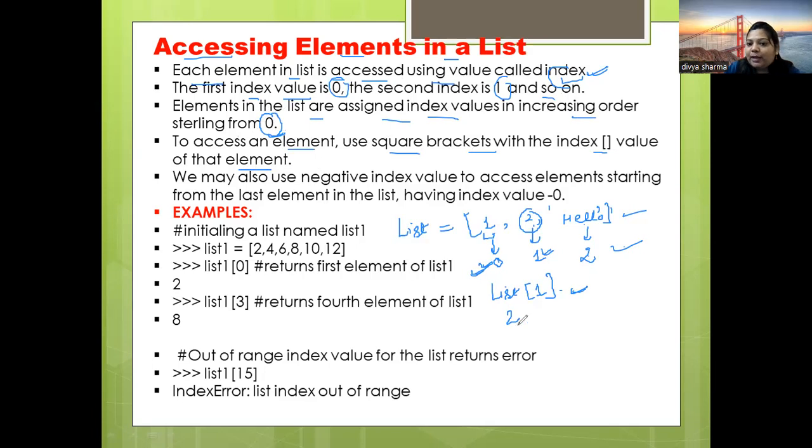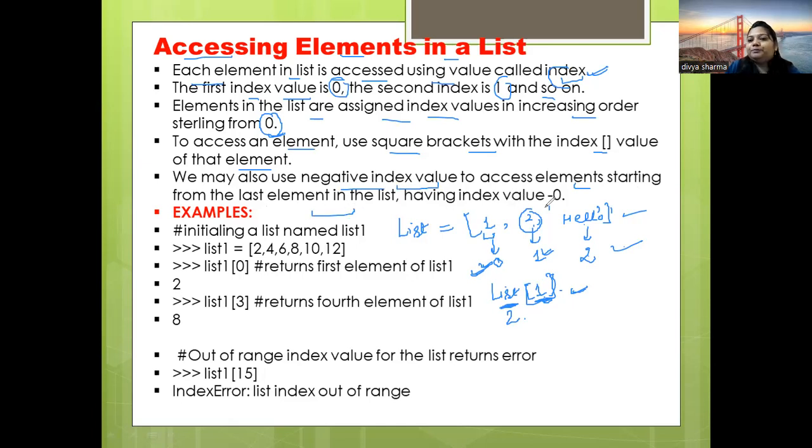So as we have mentioned here, the name of the list, square brackets, and within the square brackets we give the index value of that element. We can also use negative index values to access elements starting from the last element in the list.